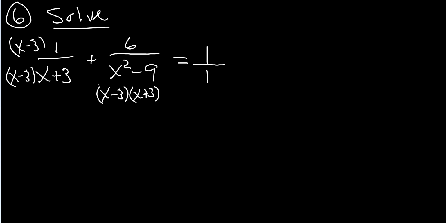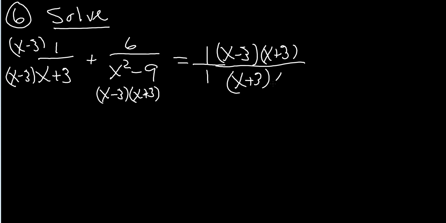The second fraction's good to go, and the last fraction, the 1, I've got to multiply top and bottom by x minus 3 times x plus 3. And now they're the same. I got them all to be the same.